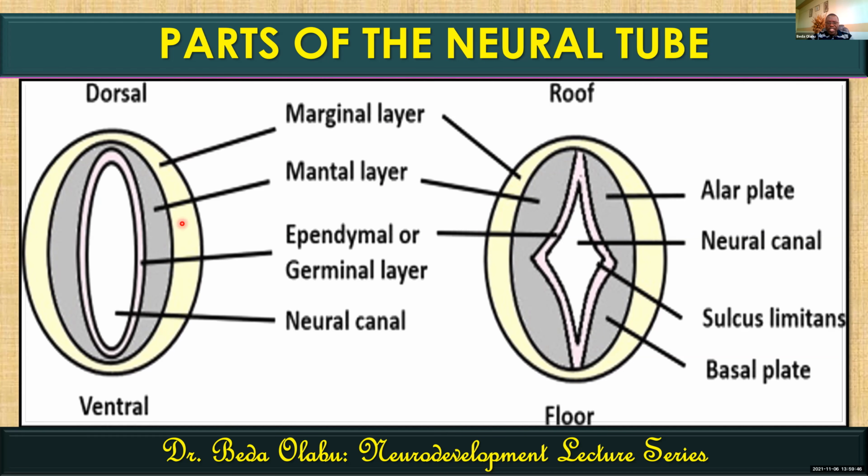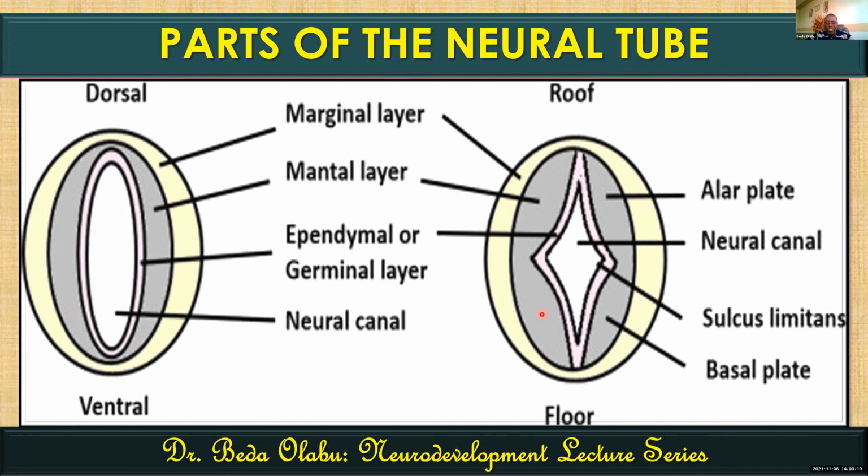Okay, with that in mind, I want us to narrow down to the mantle zone. As time goes by, the mantle zone becomes bigger and bigger, as we can compare in these two images. Other than that, the mantle zone also segments into some paired thickenings.